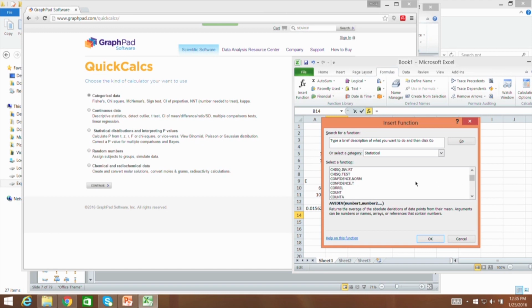So we have the chi-square test. So it gives you the range.